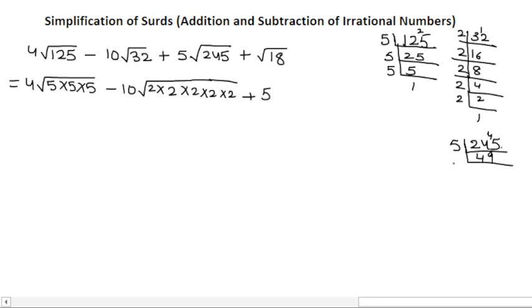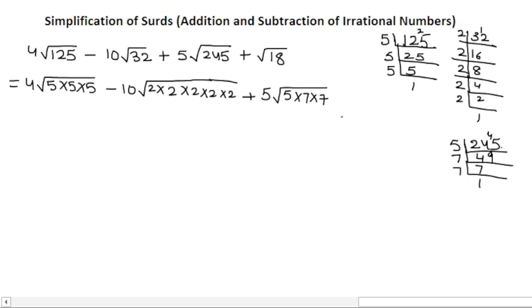This 49 is divisible by 7. 7 times 7 is 49. Then 7 times 1 is 7. I got the prime factors of 245. They are 5 times 7 times 7.